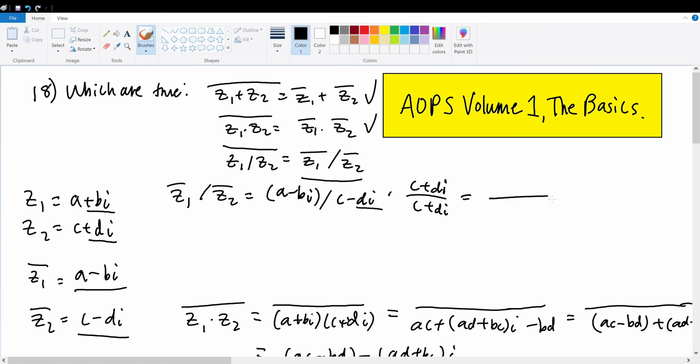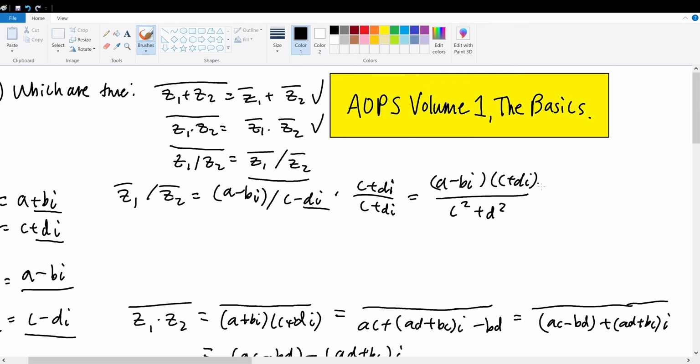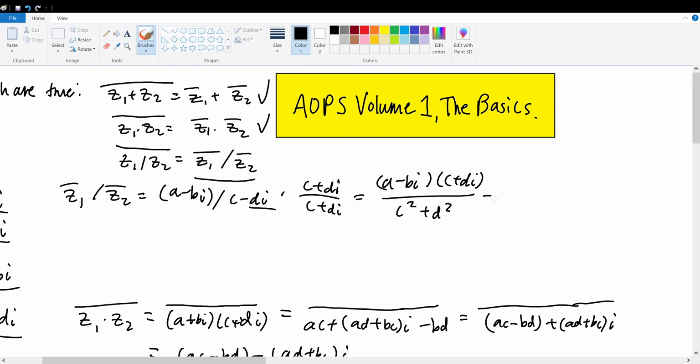So the denominator becomes c squared plus d squared. Remember, i squared is negative 1. And the numerator becomes a minus bi times c plus di. And we can further evaluate this by expanding it. So this becomes ac plus parentheses ad minus bc times i, minus bd times i squared, which is plus bd. And just checking my arithmetic here, and yep, it's correct.